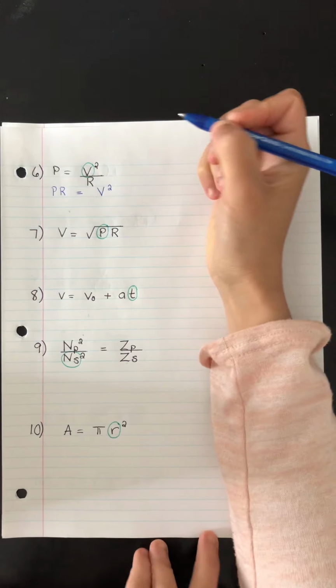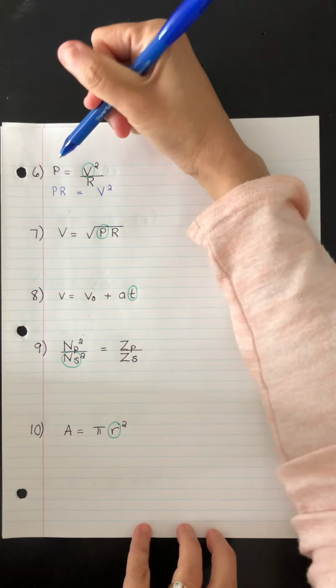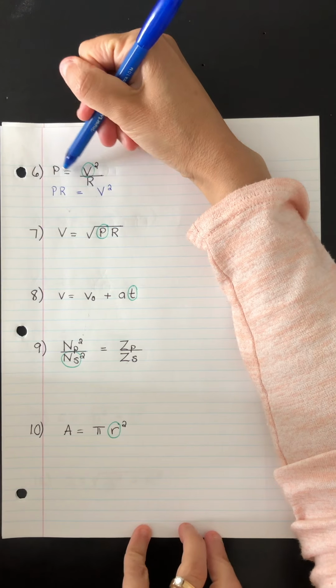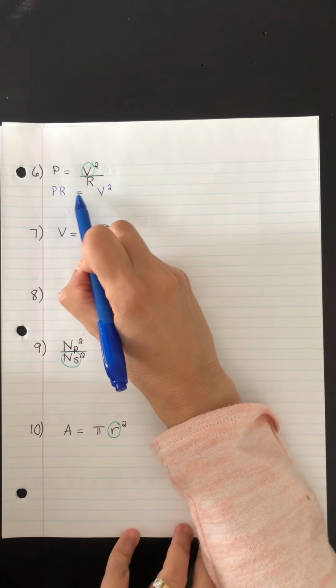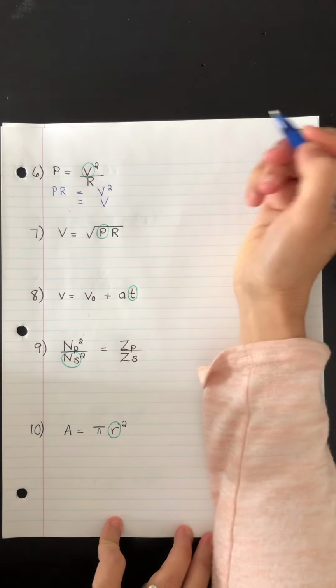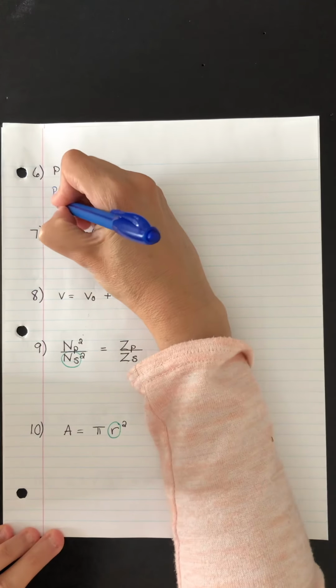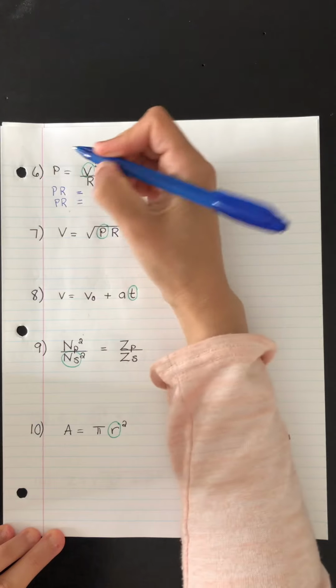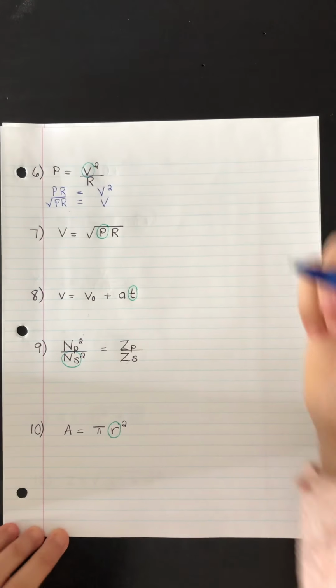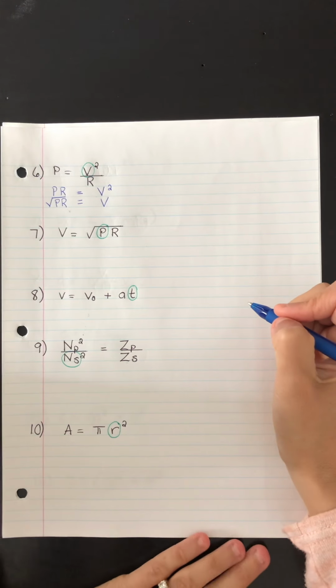The opposite of dividing is multiplying. Again, think of that cross multiplication here. So now we have this. P times R is V squared. How do you go from V squared to V? This is where you take the square root. Okay, so we end up with the square root of P times R is equal to V.